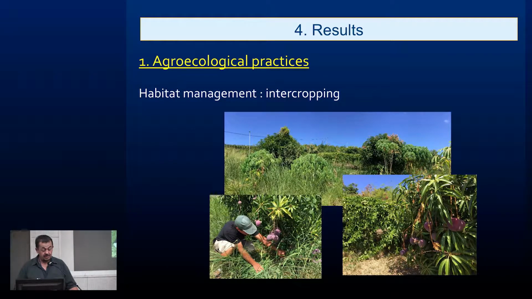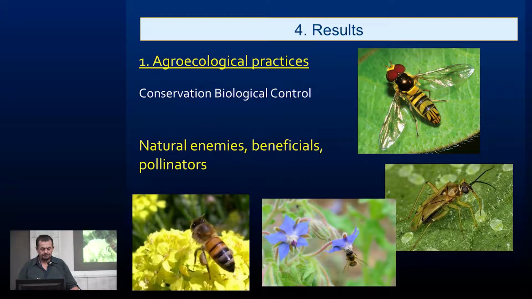It's quite new in Réunion, but we also have intercropping now in mango orchards. For example, with a mixture of mango, passion fruit, cassava, and as you can see, with a lot of weeds also, and a good production of mango.